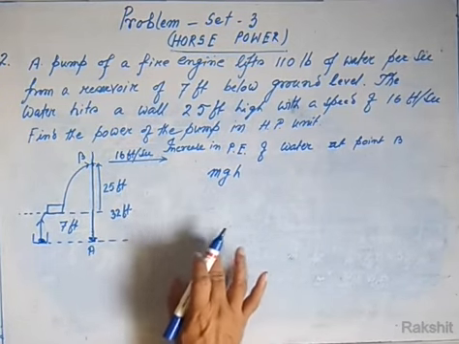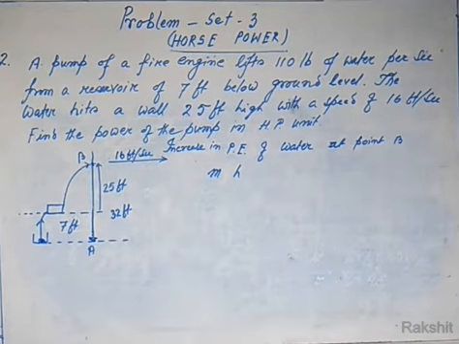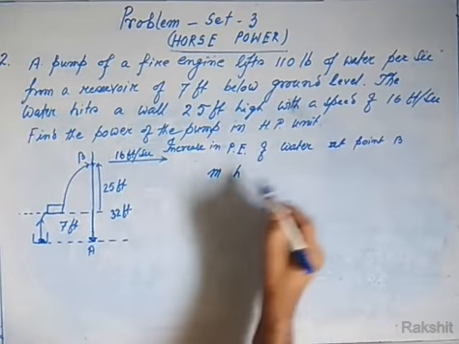G is neglected here. G is not necessary. And the work has been done per second, so the time is equal to 1 second.